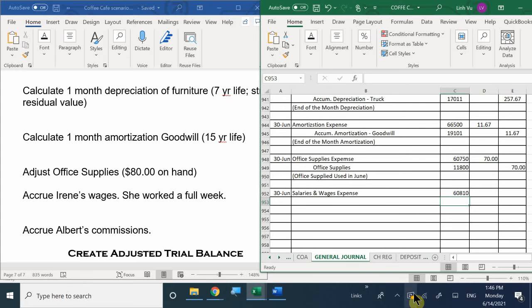All right. What was the amount that we calculated? 340. Good. So then, which account are we going to use to represent that we owe her $340?